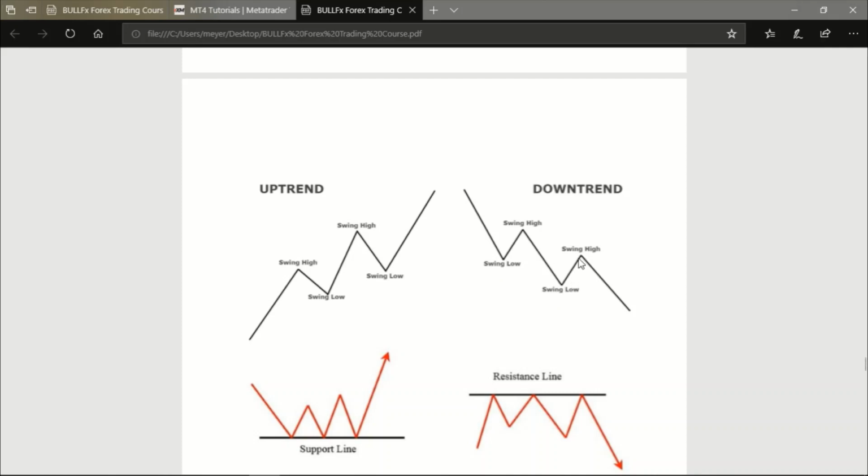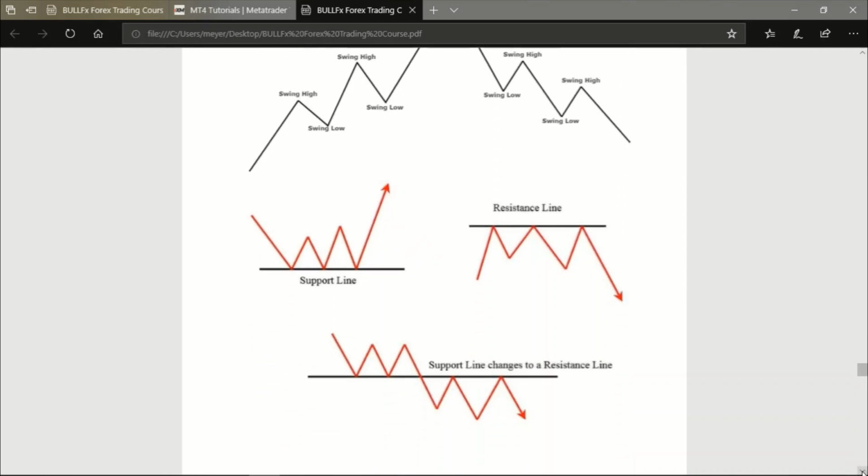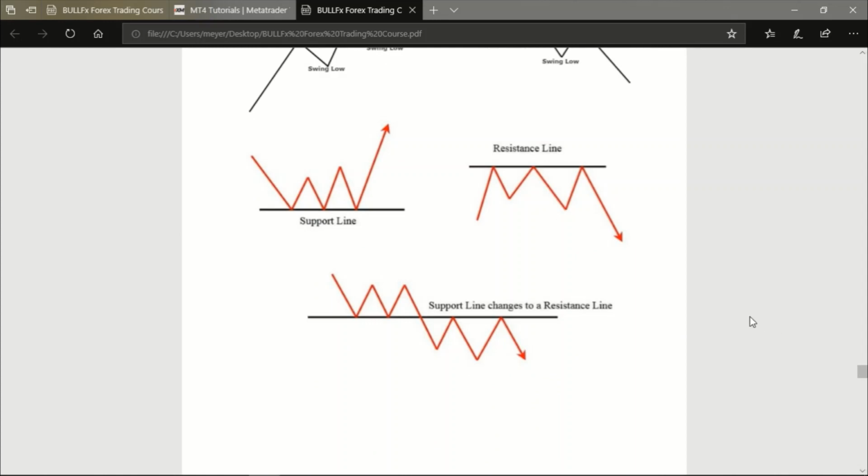The market now moves up to the swing high point to form a lower high because we are lower than this high over here. Then the market continues downwards to form a new lower low, which would then be lower than this initial point over here.